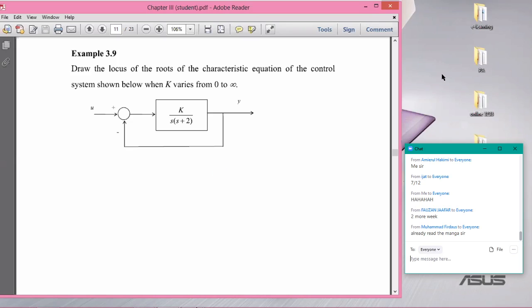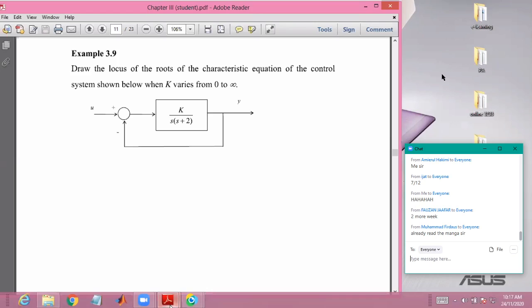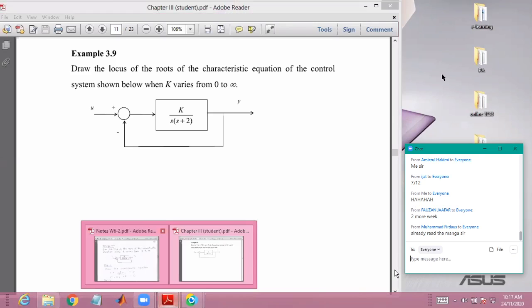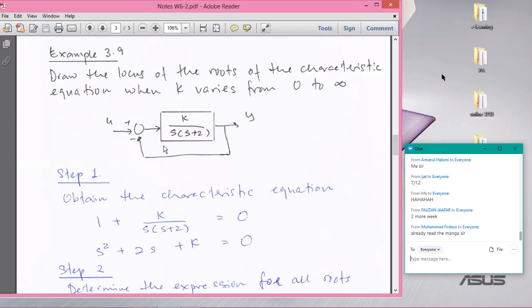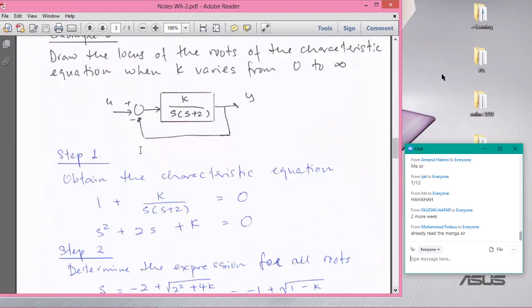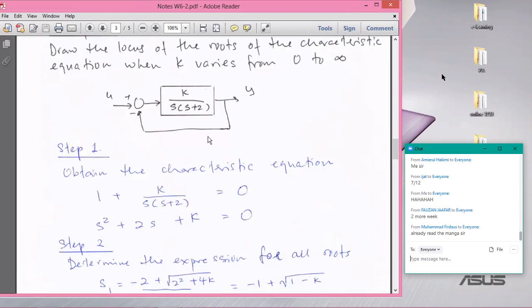Let's go back to my notes. So this is the closed loop system that we want to draw the root locus diagram of. Your first step is always to obtain the characteristic equation. The characteristic equation is 1 plus kGH, 1 plus the open loop transfer function.